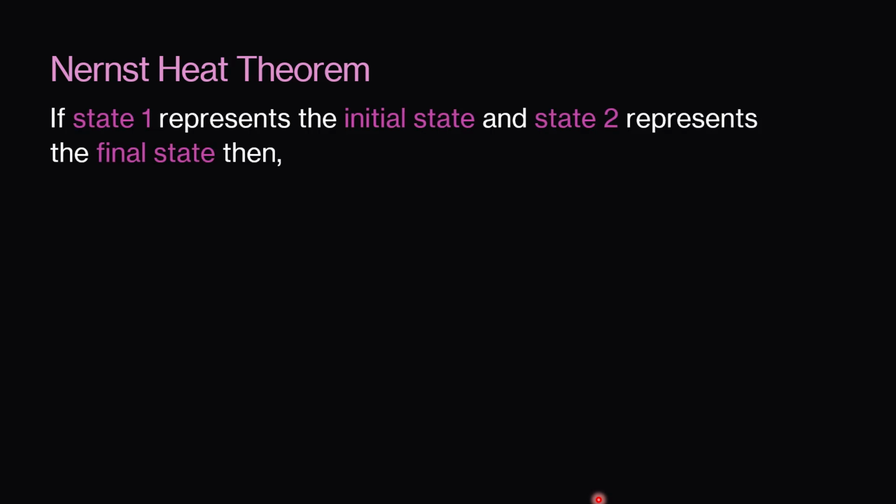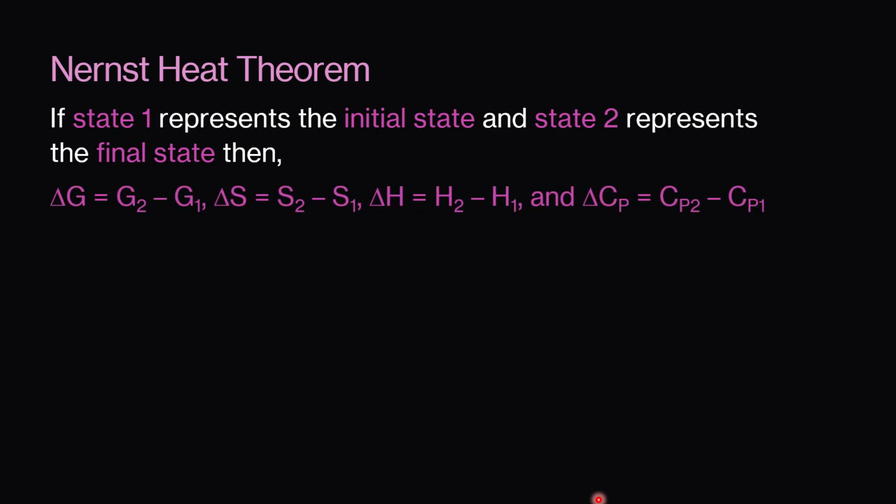In order to derive this equation, we have to go through two states. One is the initial state, which is state 1, and the other is the final state, which is state 2. In that case, we can write delta G as G2 minus G1, that is G final minus G initial.